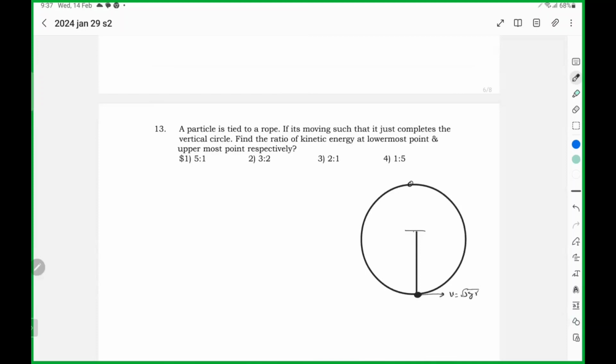Then at this point it has a velocity root gr. Ratio of kinetic energy is half m va square is to half m vb square. Half gets cancelled. Va is 5 gr is to gr. 5 is to 1.